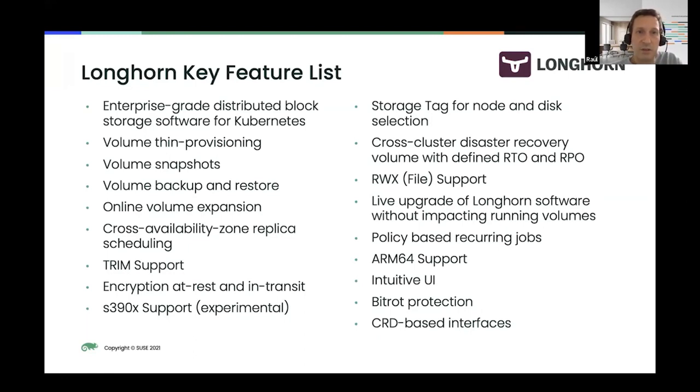It can also expand your volumes online, so you don't need to schedule downtime if your application is running out of space. It allows you to schedule snapshots and backups, so you don't need to write your own scheduler.